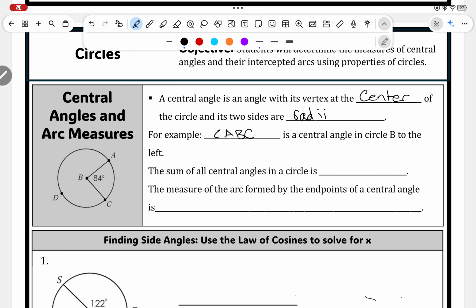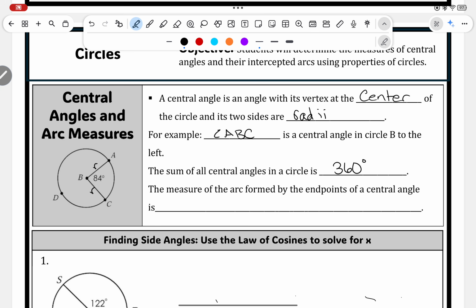The sum of all central angles in a circle is 360 degrees. So AB is one radius and BC is another. Because my radii both come from the center of the circle, their measurements are also equal.